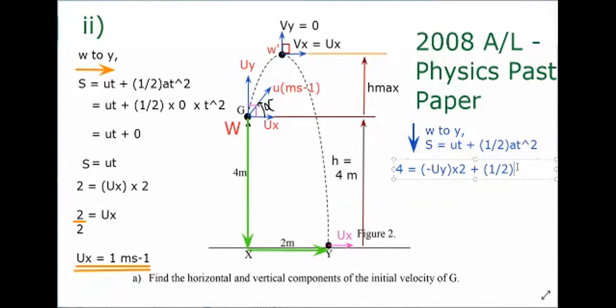Yes, that is simple g. Plus half g into time taken square, 2 square, because t square means 2 square, right? So I think everybody will be able to find the value of Uy by using this equation.